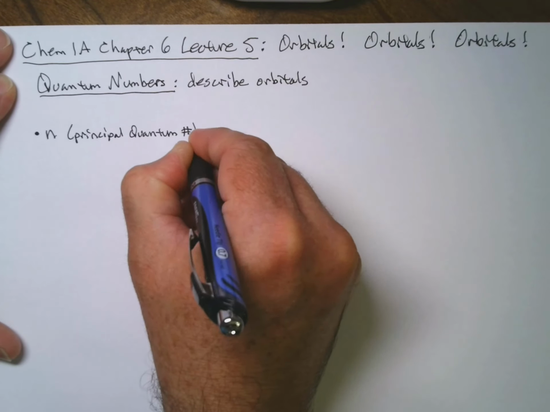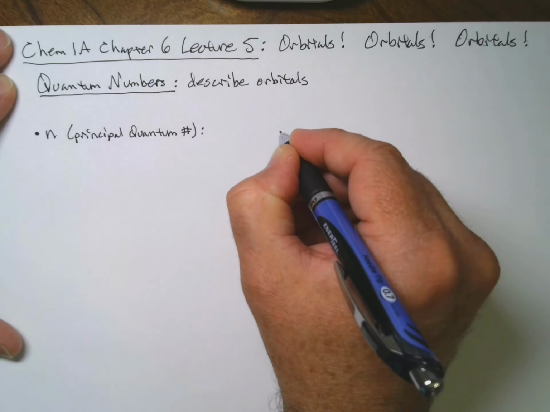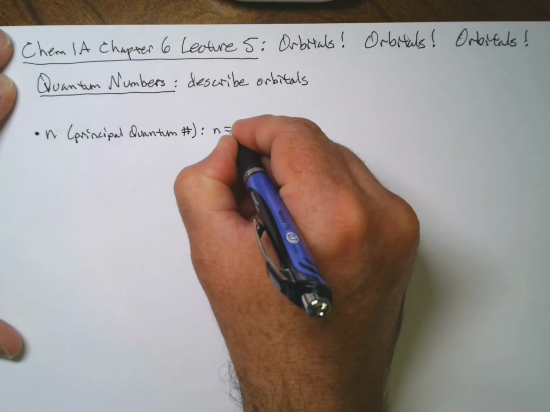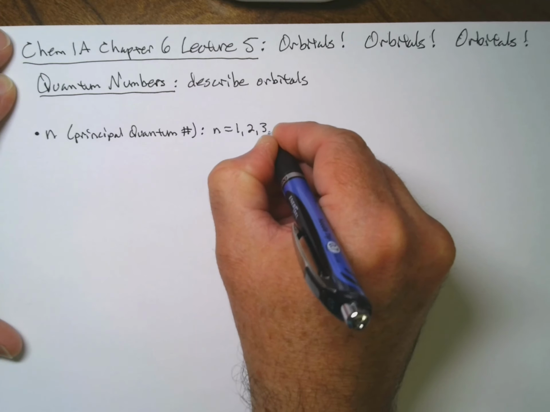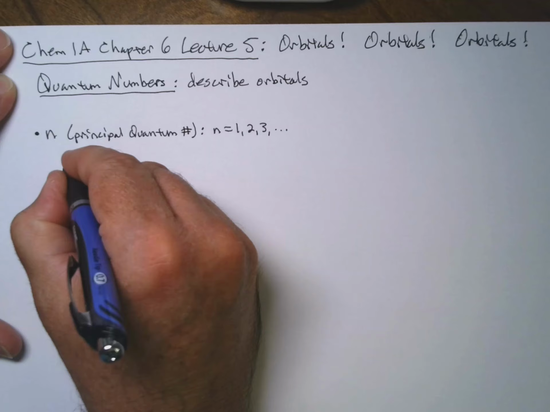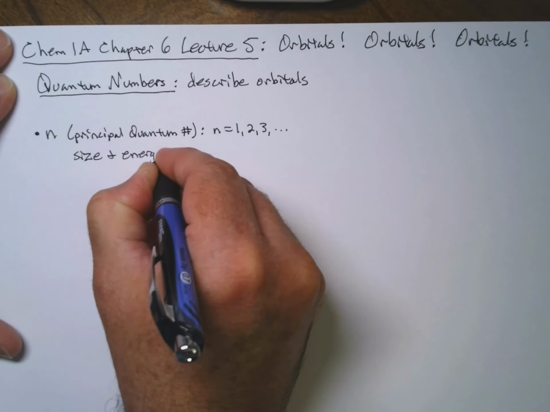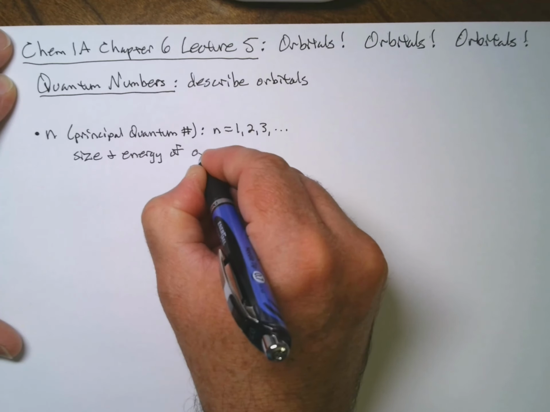I'll just abbreviate number with the pound sign there. So this has integer values, so n equals 1, 2, 3, etc. And it's related to the size and energy of the orbital.